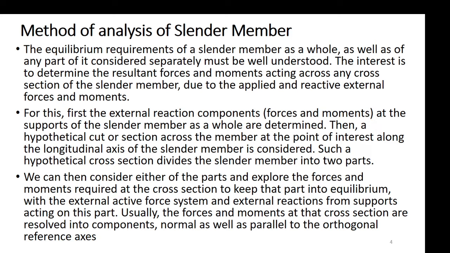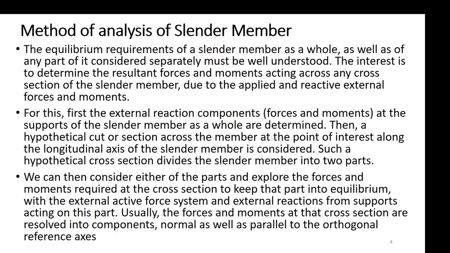That we have done already on several occasions from the free body diagram and finding out the reactions. Then a hypothetical cut or section. This is new to you in this chapter. We will have a hypothetical cut or section across the member at the point of interest along the longitudinal axis of the slender member.